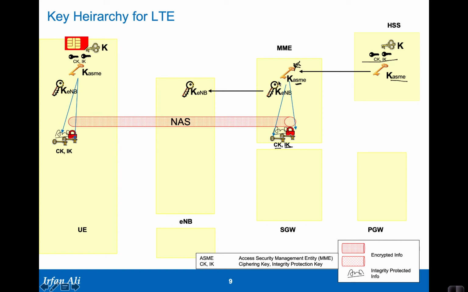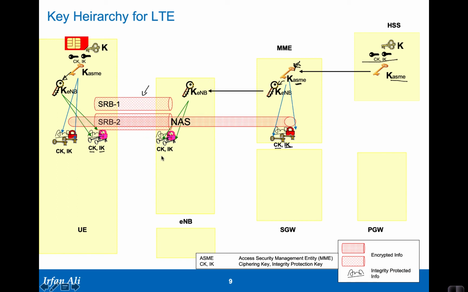From the KASME further, what's derived is the KeNB, which the MME provides to the eNodeB, independently from the KASME. The KeNB gets derived on the mobile side using the same algorithms that the MME is using. And the KeNB is used to derive the ciphering and the integrity protection keys for the access stratum, which are used for encrypting and integrity protecting the signaling radio bearers.